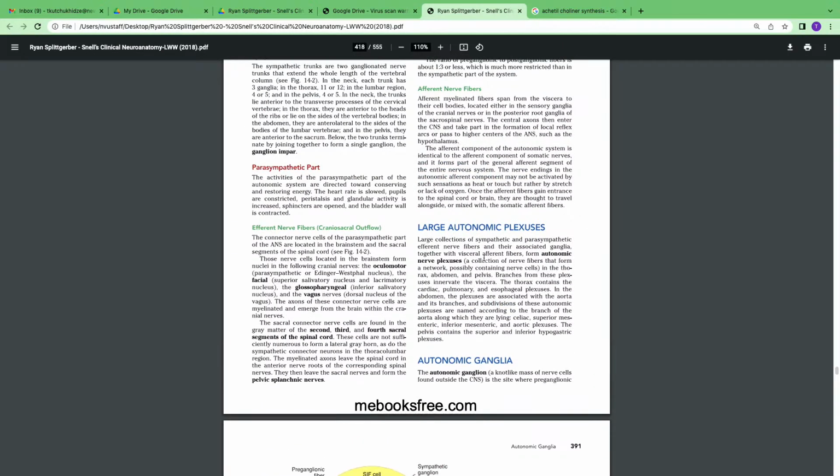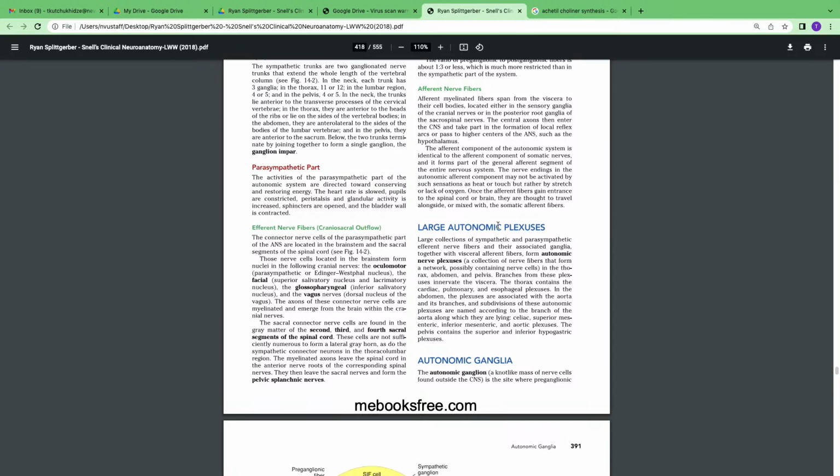Now let's concentrate on our autonomic plexuses. So autonomic plexuses are found around our viscera. Mostly the thorax contains cardiac, pulmonary, or esophageal plexuses, and in the abdomen we have plexuses associated with the aorta and its subdivisions that are named according to the areas where they are located.